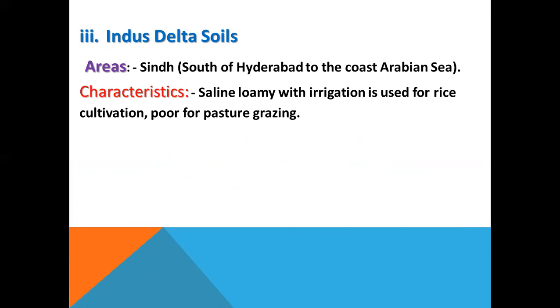This type of soil is found in Sindh, south of Hyderabad to the coast of Arabian Sea. Characteristics: it is saline loamy. With irrigation it is used for rice cultivation. It is poor for pasture grazing.